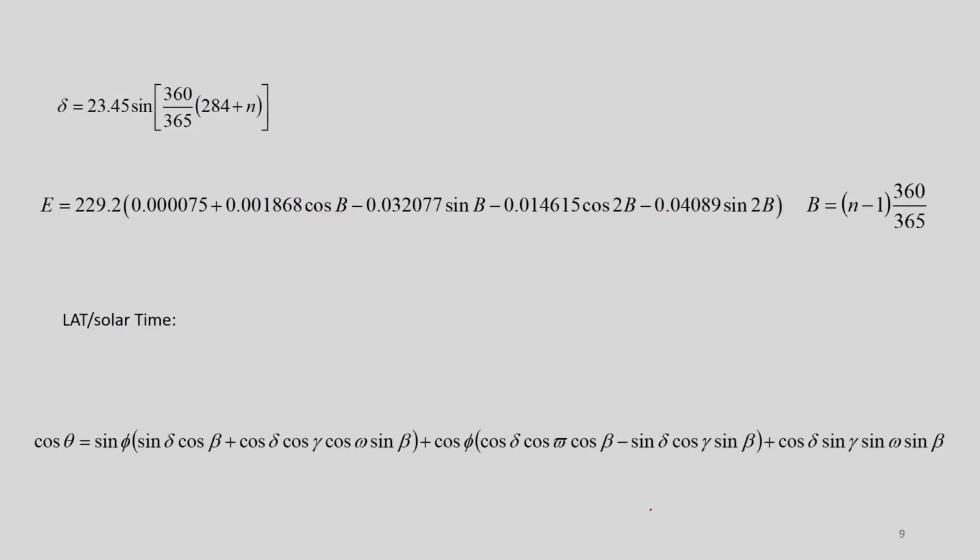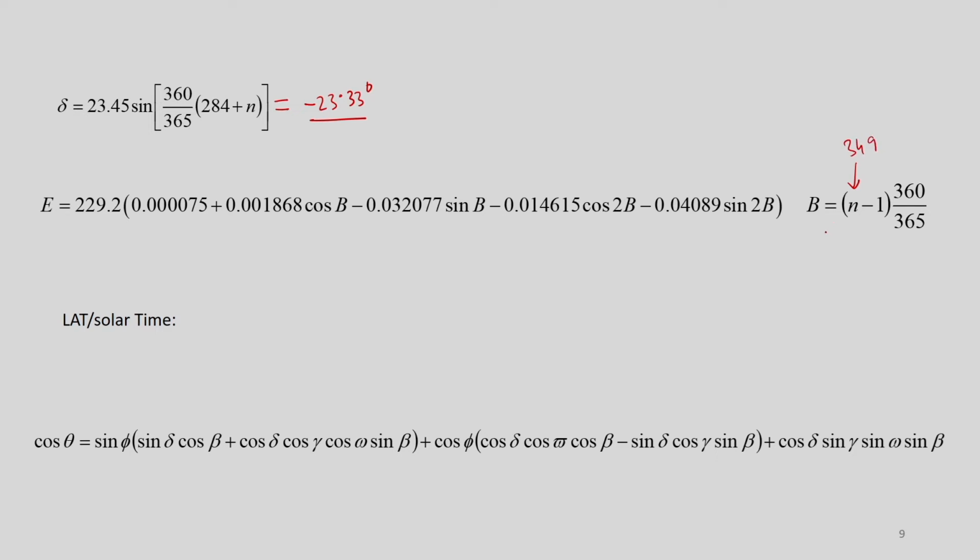Let us see. Delta, which we have calculated now, its value is minus 23.33 degree. And this E value we need to calculate, because n is known now. So, n value is 349.